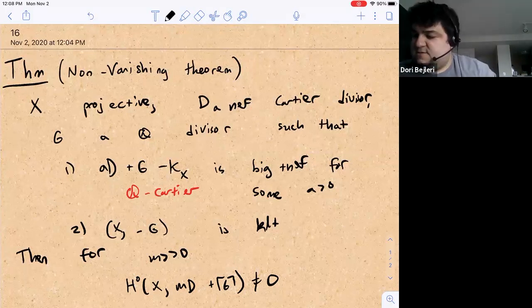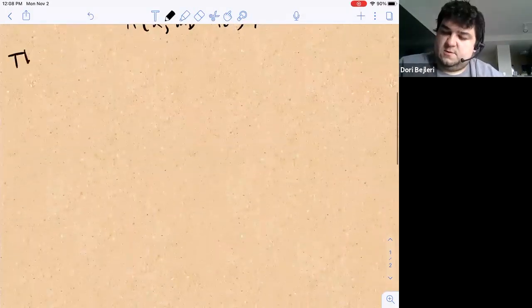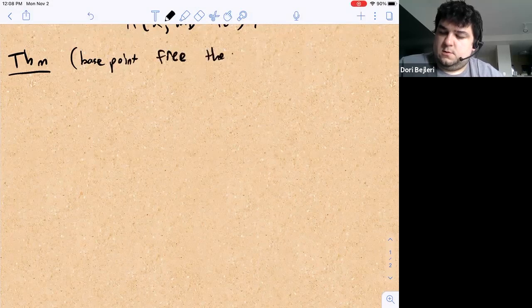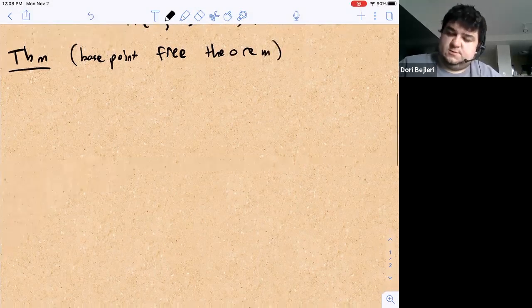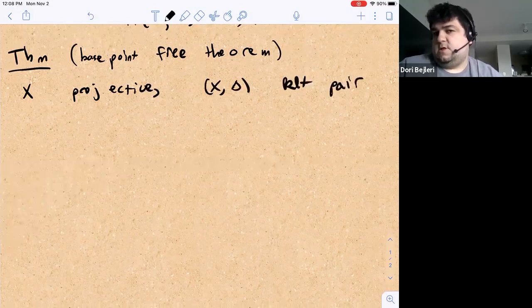Okay, and then the basepoint free theorem. So suppose X is projective, and let's say (X, Delta) is a KLT pair with Delta effective.